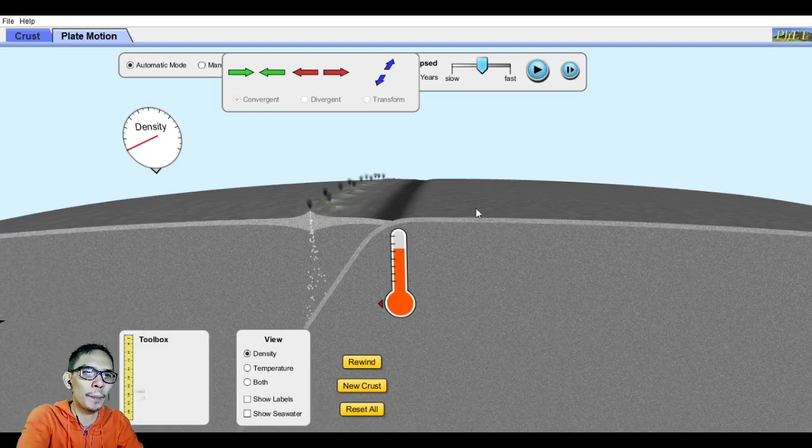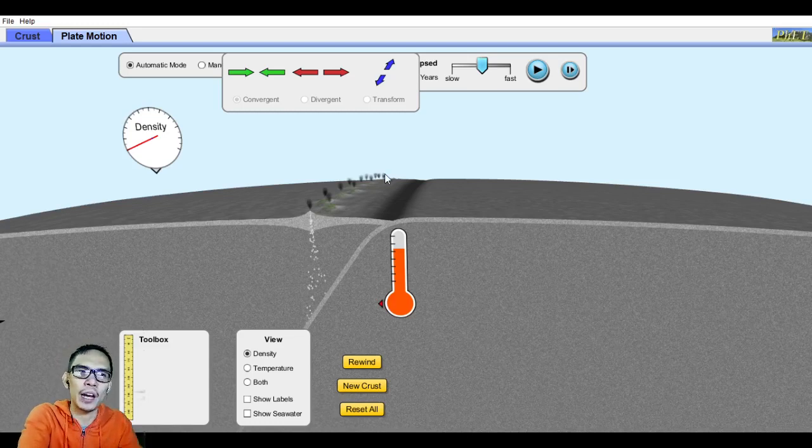As this particular part of the oceanic crust sinks at the bottom of another oceanic crust, it supplies material coming from the subduction zone, for example molten rocks. It supplies the volcanoes on this volcanic island arc.